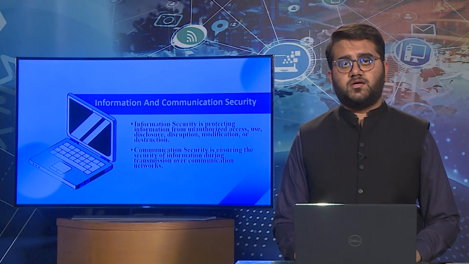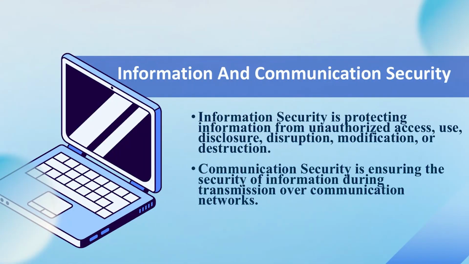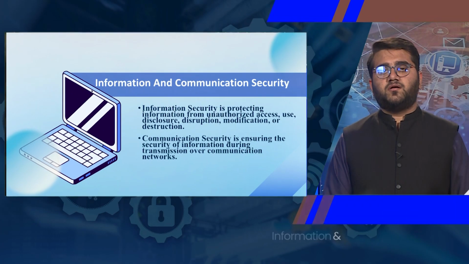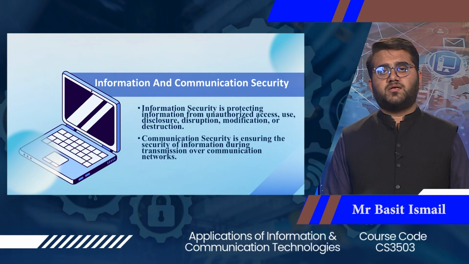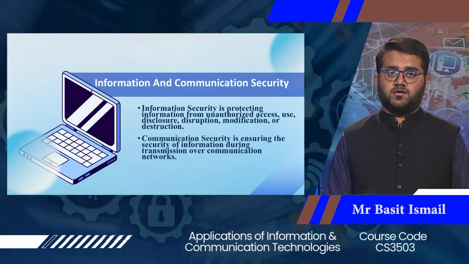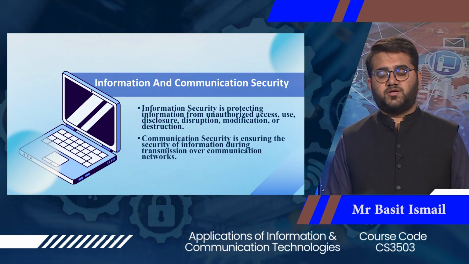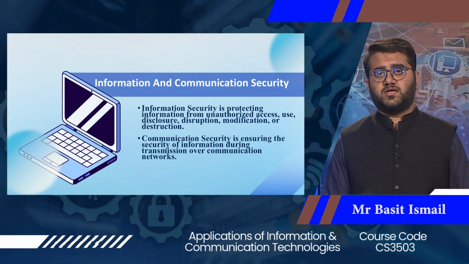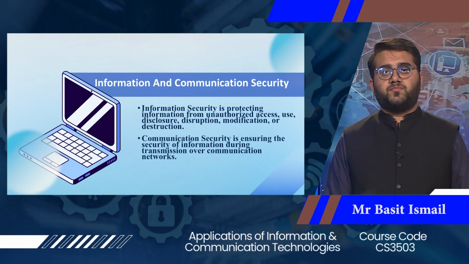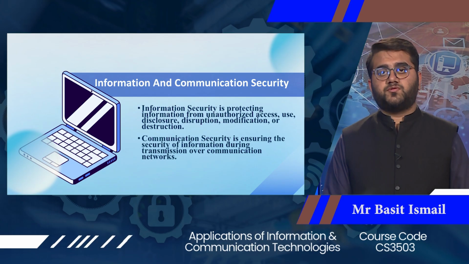The first topic is the basic definition of information and communication security. Information security is securing the basic data that is present on your computer. When you are trying to secure the data, you take certain steps, and those steps are usually termed as taking precautions or measures for information security. Similarly, related to this is communication security. Communication security is basically securing the communication from one computer to another computer, on the internet, or from one person to another person.